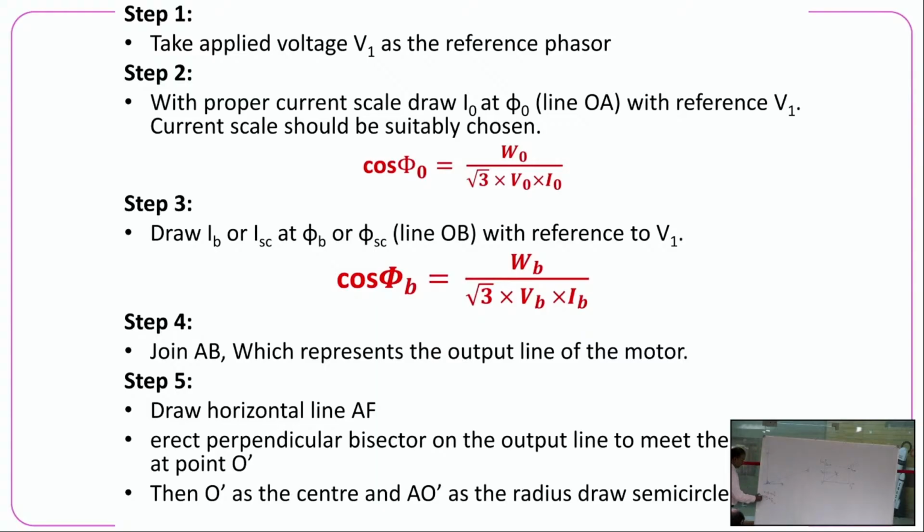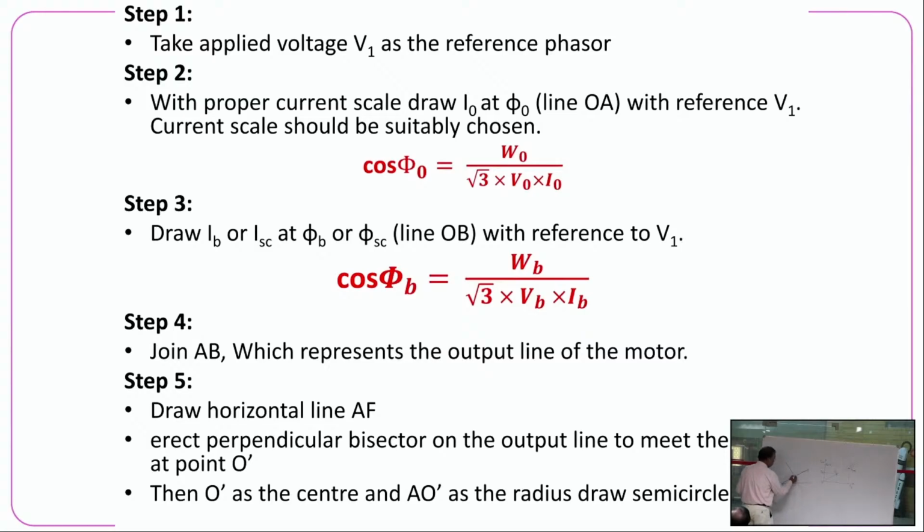OB is the short circuit current at rated voltage. Then we join A and B and draw the perpendicular bisector of AB, the middle point and bisector. Also we draw a horizontal line from A.